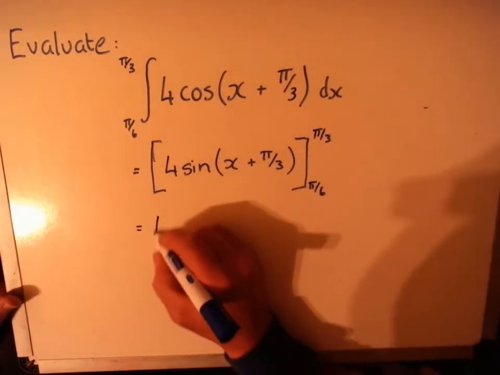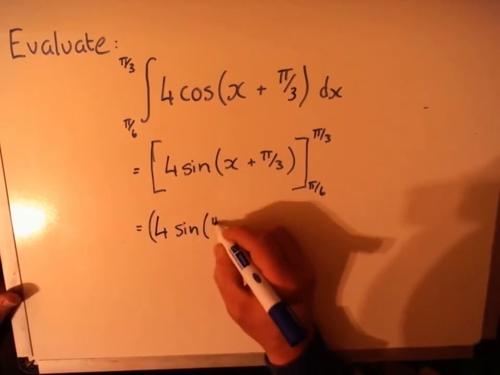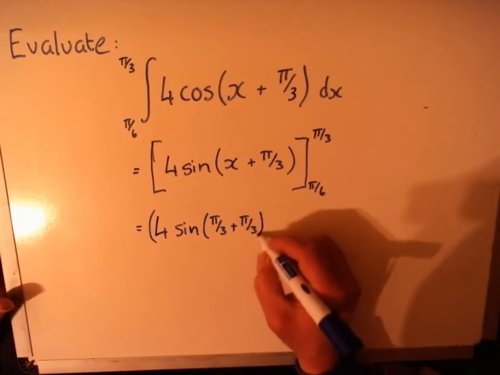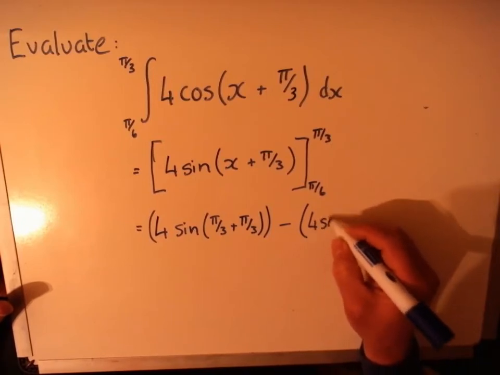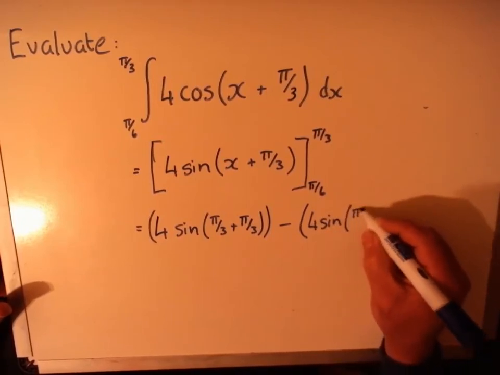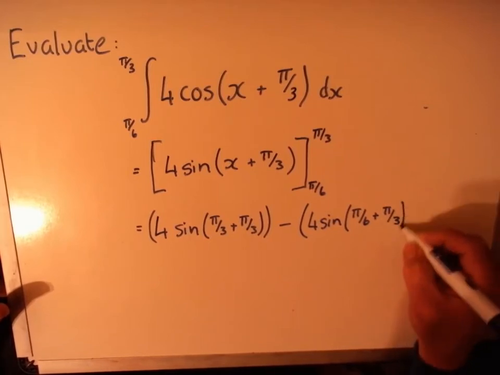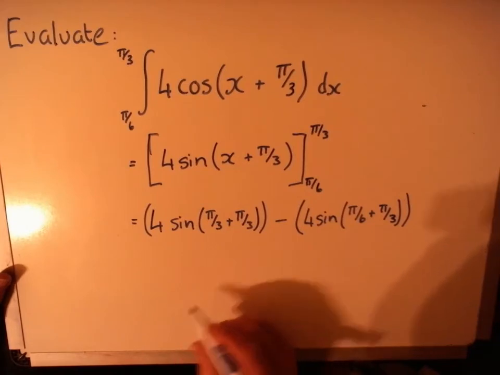So we get, for the upper limit, 4 sin(π/3 + π/3), and we're going to subtract from that 4 sin(π/6 + π/3). Now you need to evaluate both of these brackets.